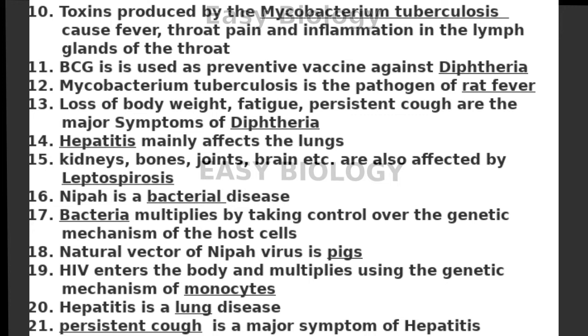Question number 17. Bacteria multiplies by taking control over the genetic mechanism of the host cells. Here the underlined portion is bacteria. The correct answer is: virus multiplies by taking control over the genetic mechanism of the host cells.